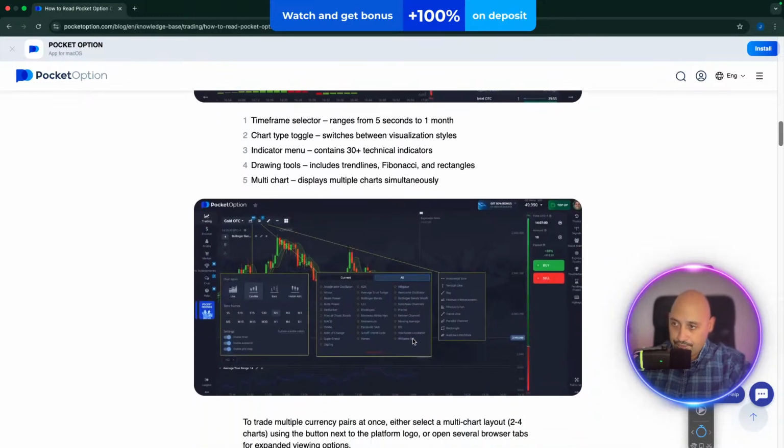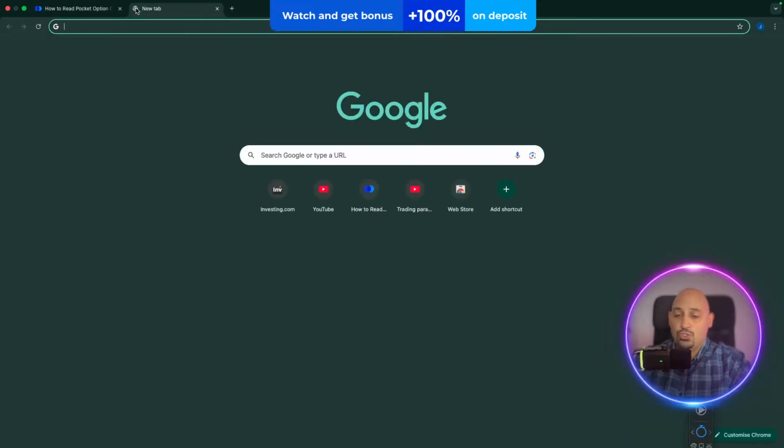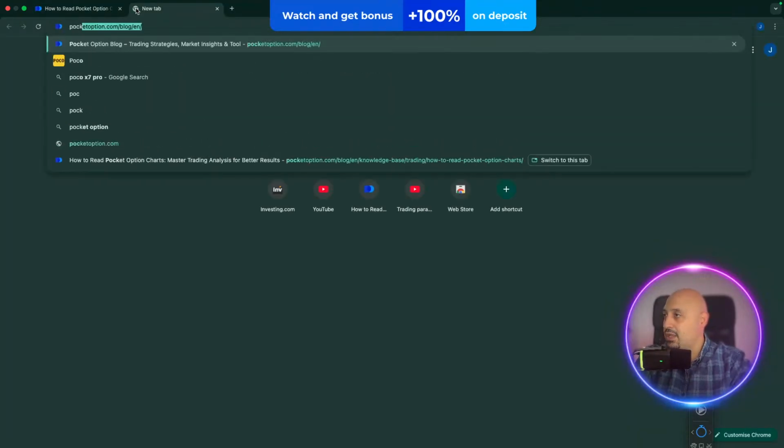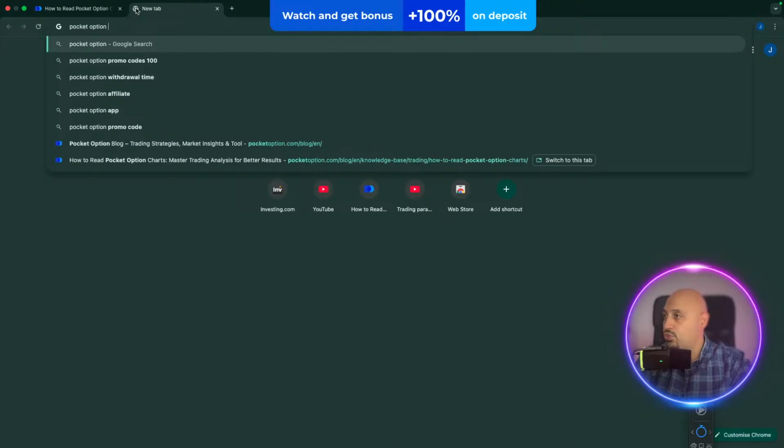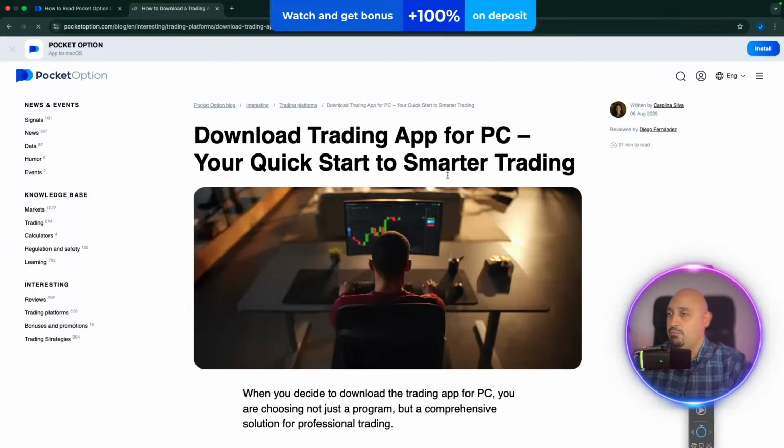Now, as you can see here, the Pocket Option app for Mac OS is available for me because I am on the Mac OS. I'm not sure if you can find the Pocket Option Windows app. So if you can see here, guys, pocketoption.com, this is the official page of Pocket Option.